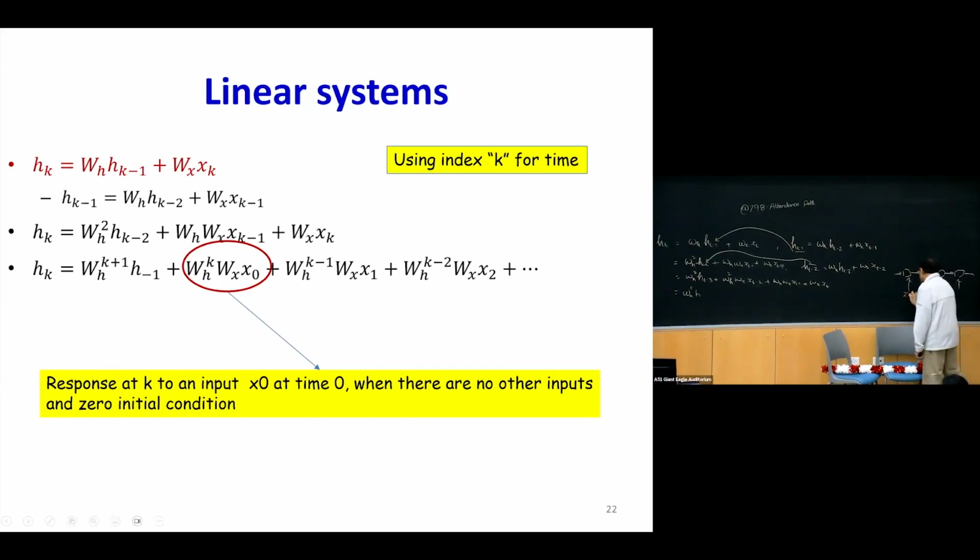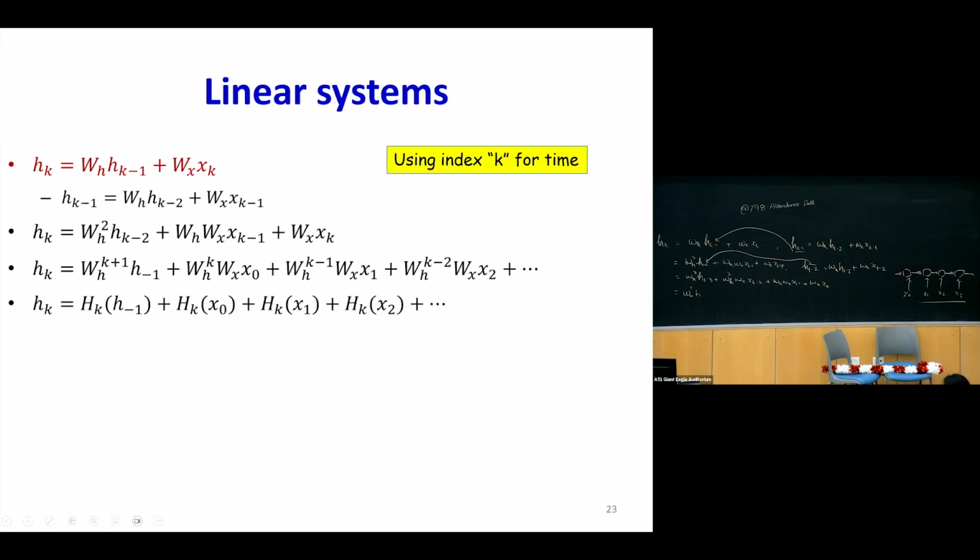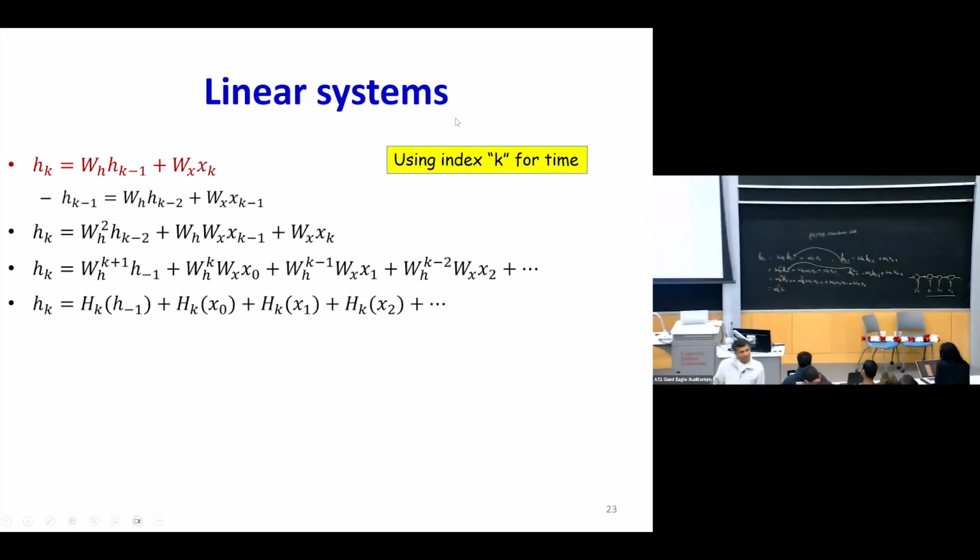So this is x_0, this is x_1, this is x_2, this is x_3. If all of these were 0 and you just had x_0 going in, that first term is going to be the response at time k when the input is just a single value at time 0 and nothing else. So I can just write that as the response at time k to a single input at 0.